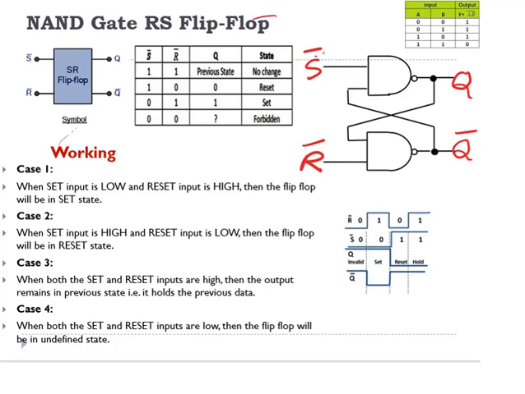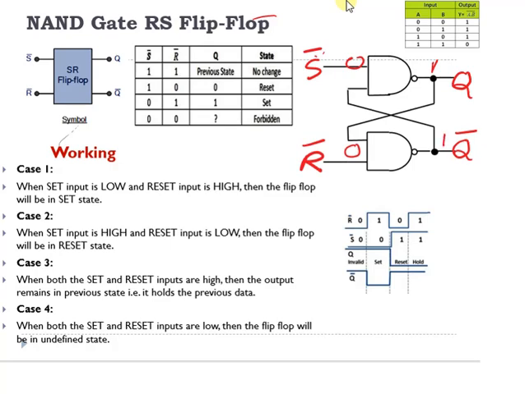Now we'll consider the fourth case where both set and reset inputs are low. That means this is 0 and this is also 0. According to the truth table of the NAND gate, this output has to be 1 since one of the inputs is 0, and this also has to be 1.